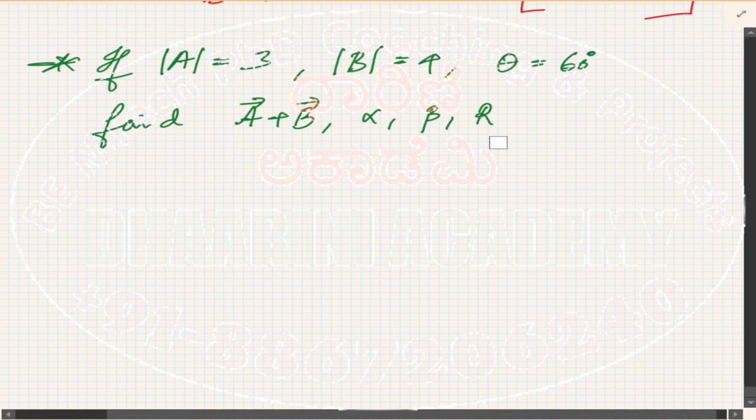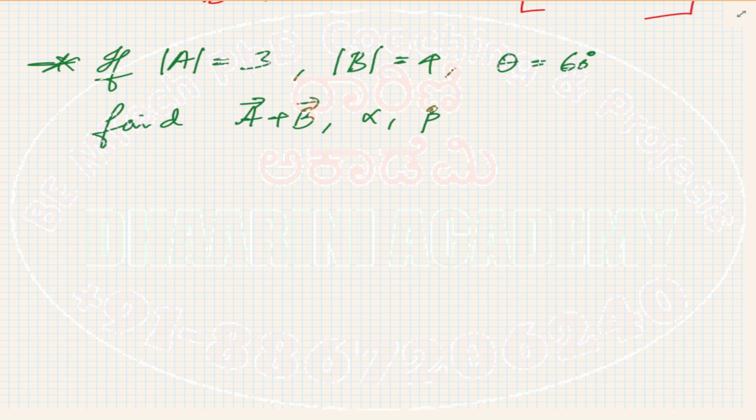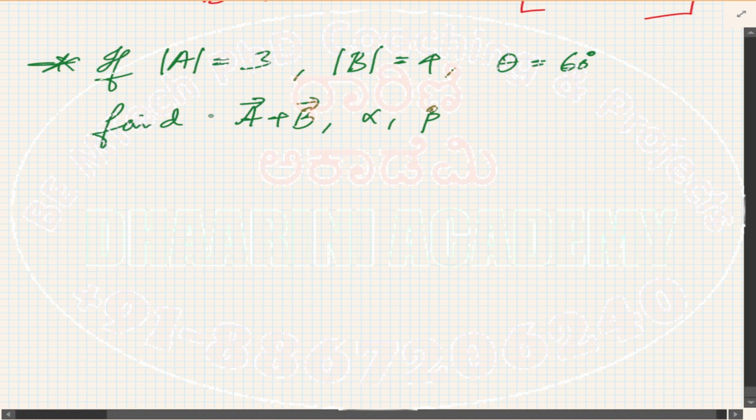A plus B itself is R. This is part A of the question. Similarly, part B of the question: A minus B vector, alpha, beta.